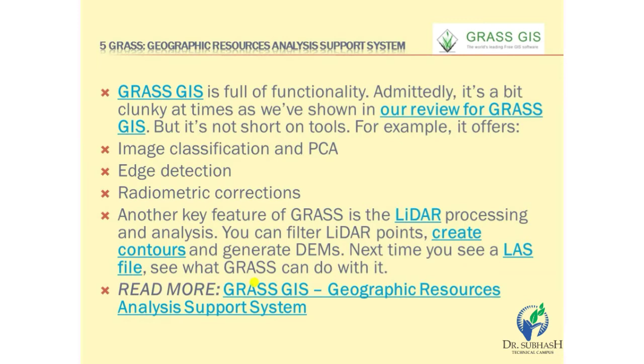We can also create contours using the LIDAR data and generate DEMs, digital elevation models. It represents the topographic features and elevations. Next time you see a LAS file, we have to see what GRASS can do with it.